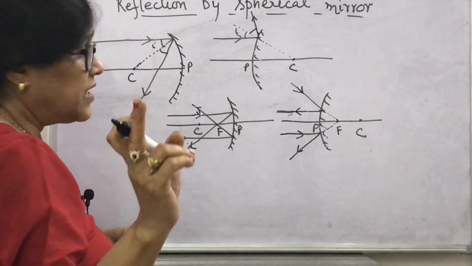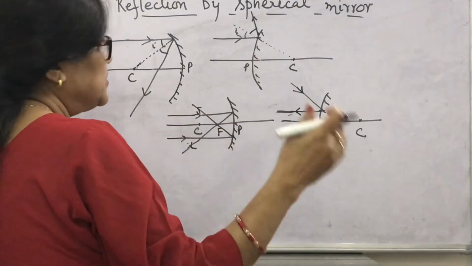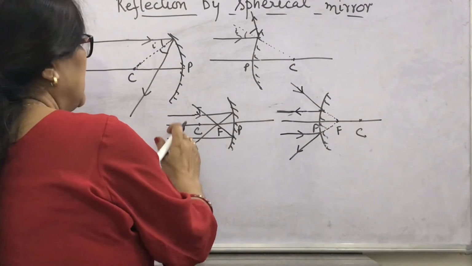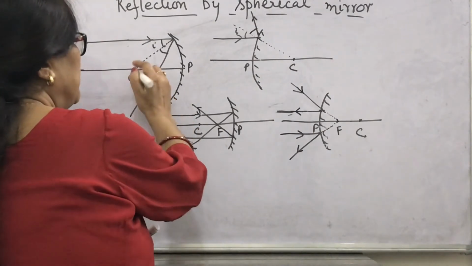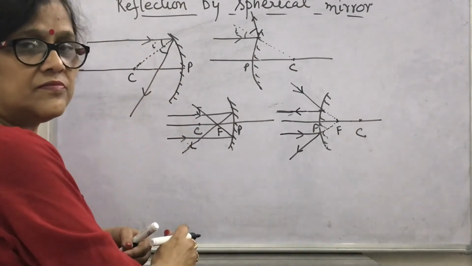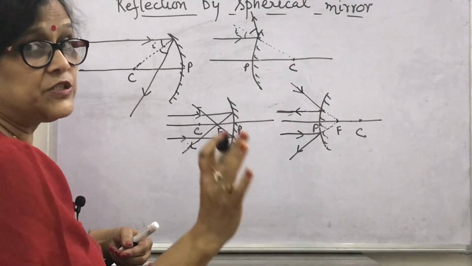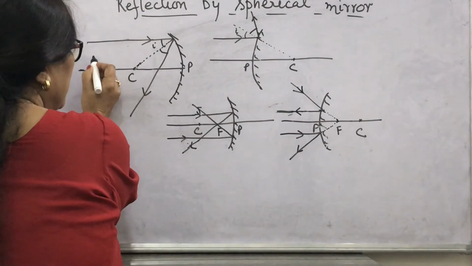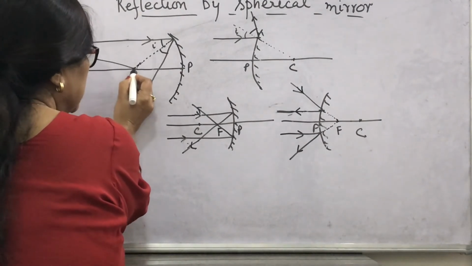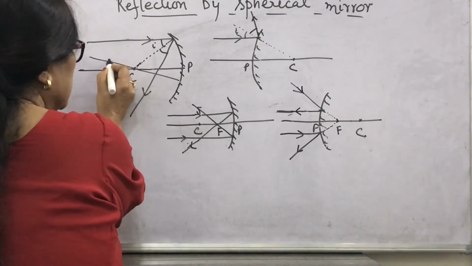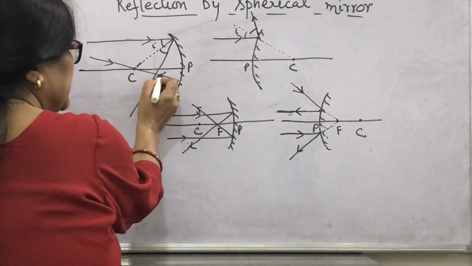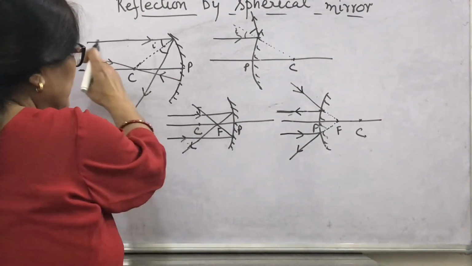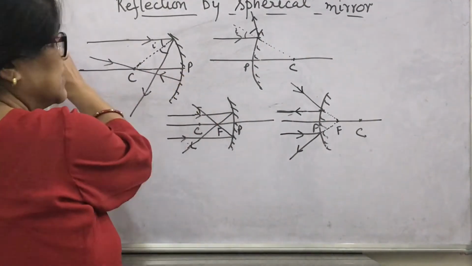Another diagram for rules of reflection: any ray which is passing through C will retrace its path. For example, in case of concave mirror, if any ray passes through C and is incident, then this will be the reflected ray, because it is normal incidence. For normal incidence, i = 0, r = 0.